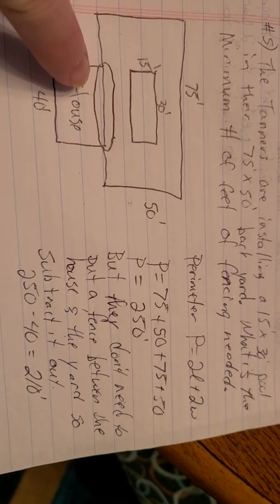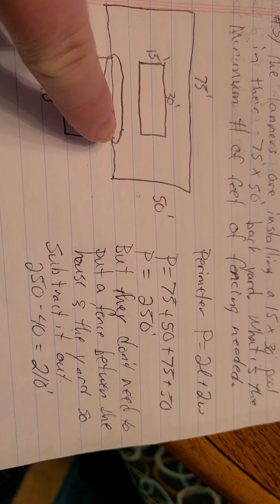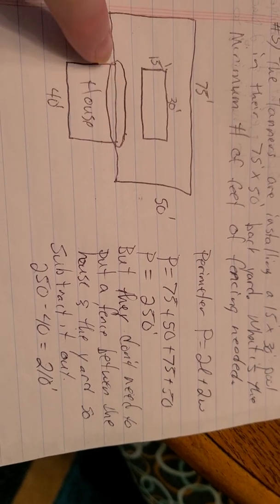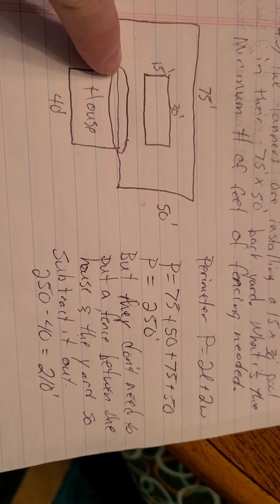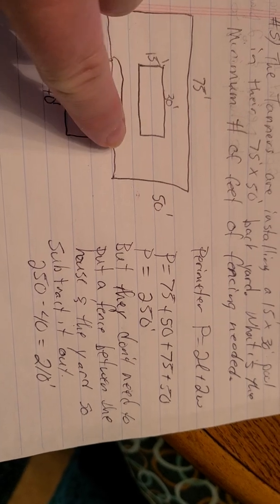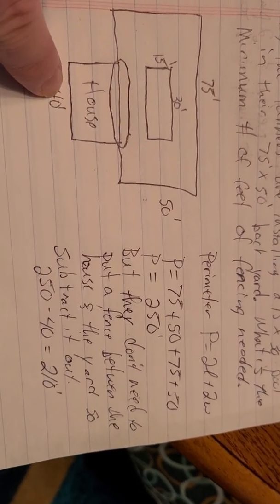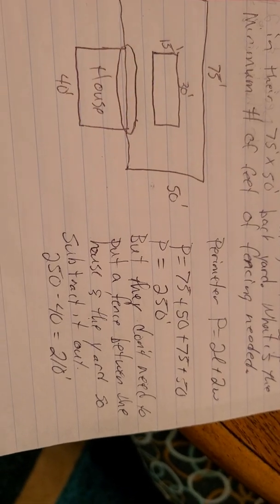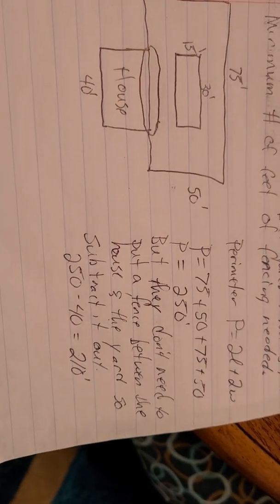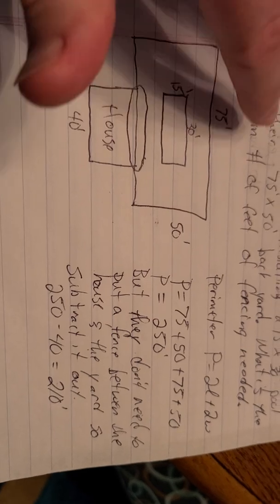But you see this part that I circled here? That's the back of the house. They wouldn't need to put a fence there because the house and the fence would connect on these corners. So we take away the width of the house, which is 40 feet, giving a total of 210 feet of perimeter fencing for the backyard.